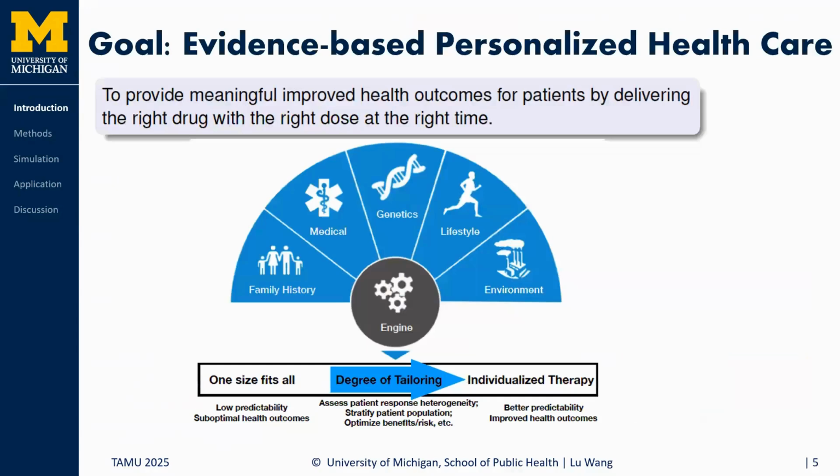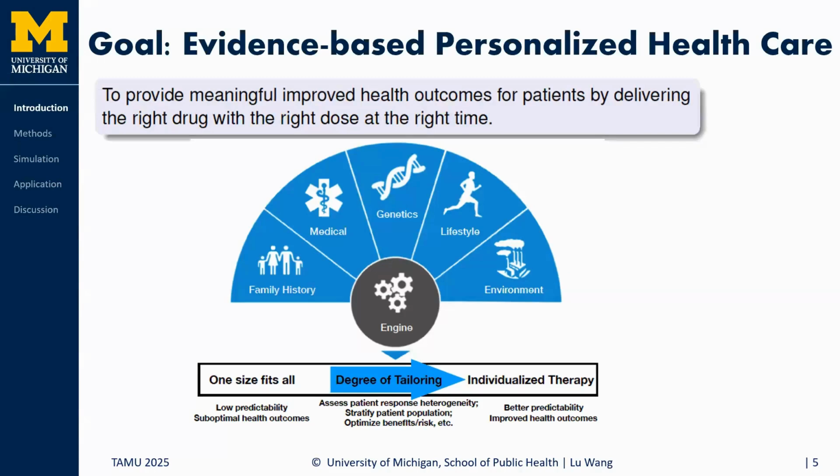So our job is to provide a machine, like an engine. That is our statistical tools, your method, your algorithm. Our goal is to leverage all the data we collected from family history, medical history, genetics, lifestyle, and environmental risk factors, and put everything into our machine.